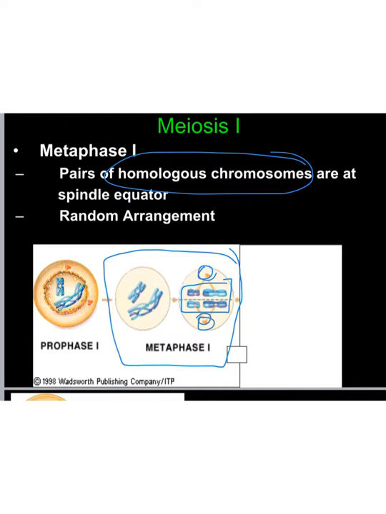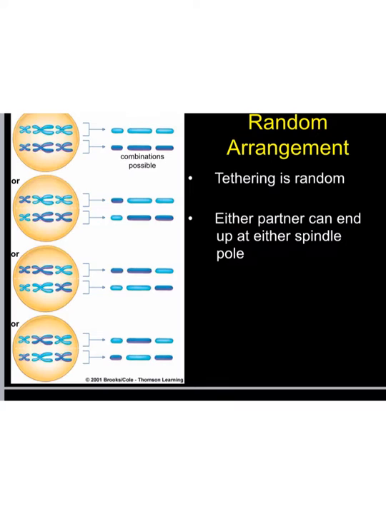And here, during metaphase 1 of meiosis 1, we get the second way that we introduce variation in traits. This is called random arrangement, which we're going to take a closer look at on the next slide. Okay, so we're going to talk a little bit more about this random arrangement now and how that leads to variation in genes.